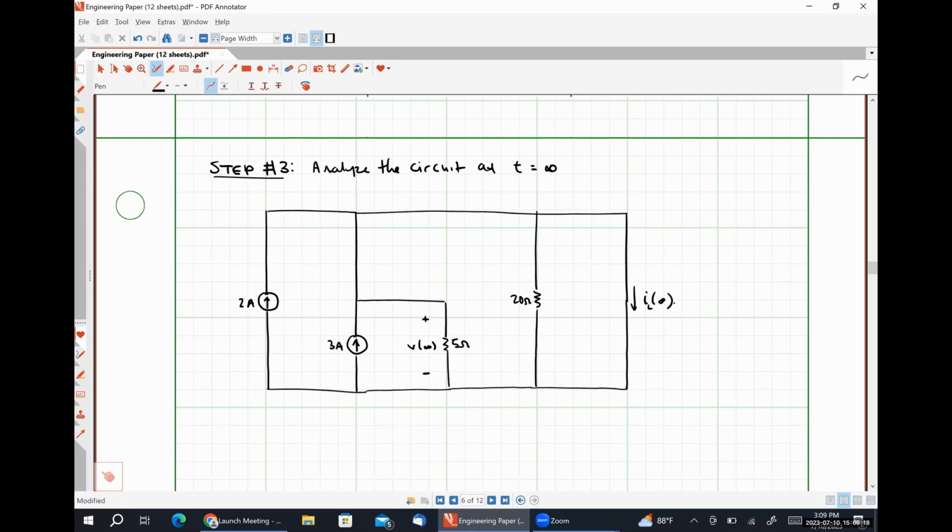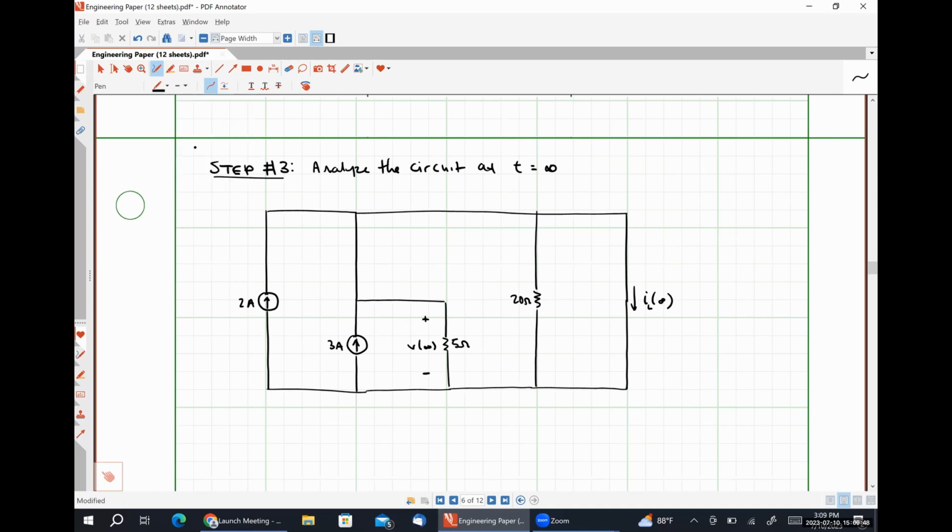So would IL be 20 then? Or 2 amps, not 20? So IL isn't going to be just 2 amps. Would it add with the 3 amps to be 5 amps? Yes. So let's talk about why.